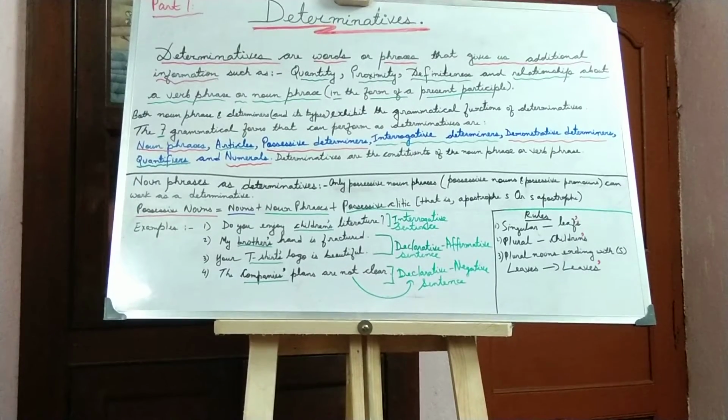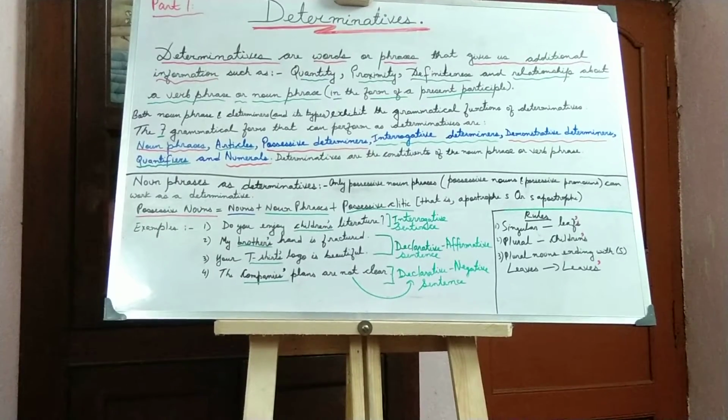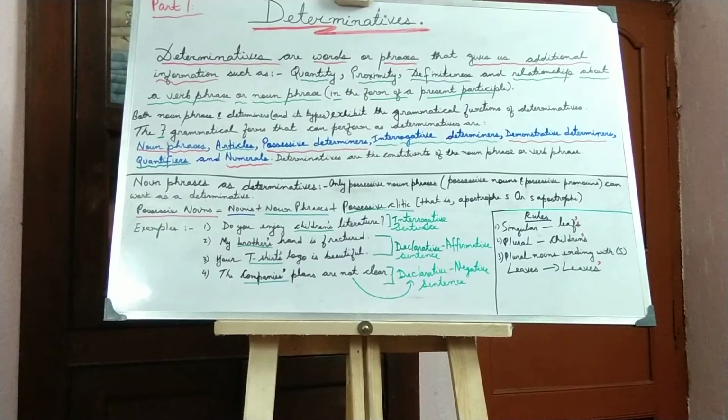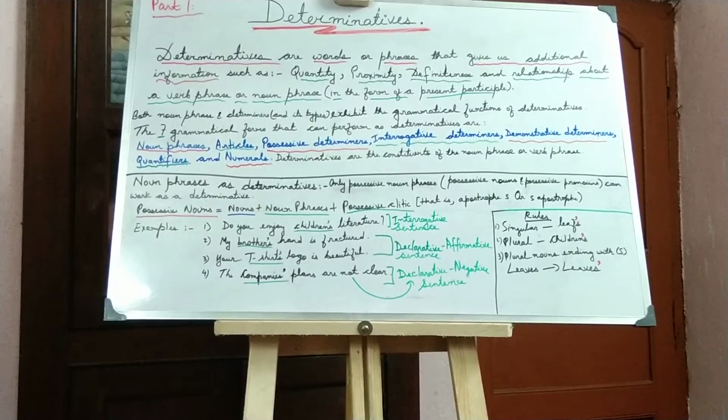Determinative. So what are these? Determinatives are words or phrases that give us additional information. This additional information shall obviously be related to some persons or things or places or events. So what are the headings under which we want to know the information?